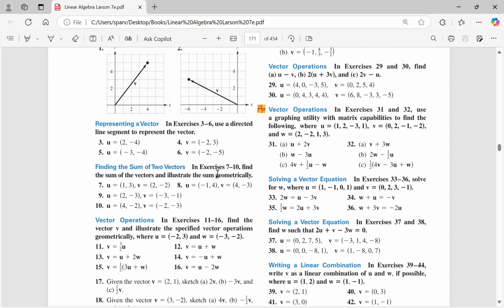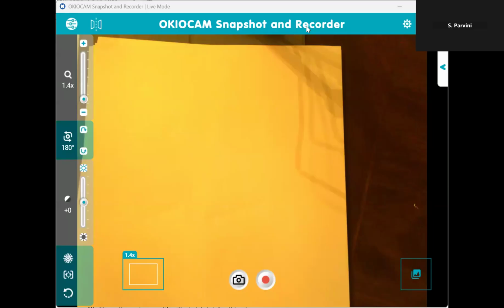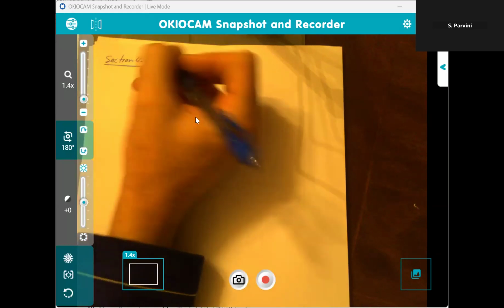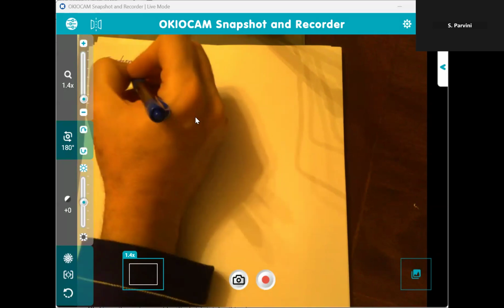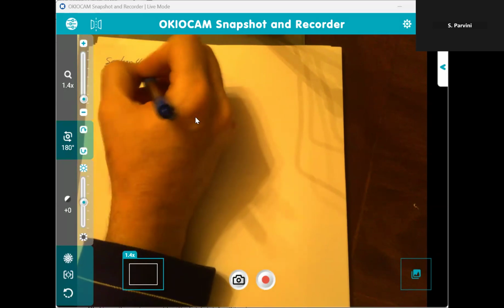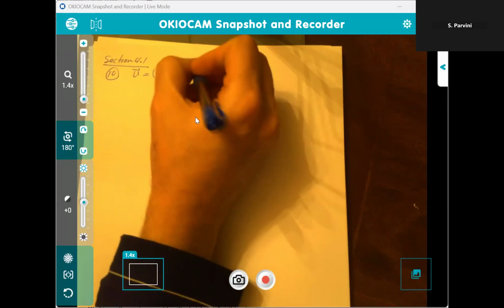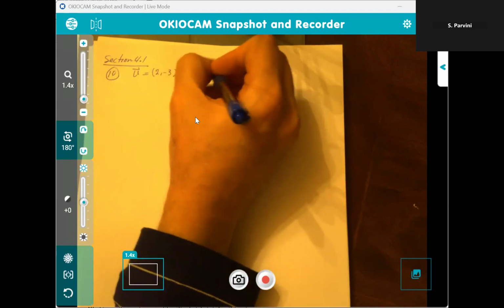I'm going to copy these so I show you the work I do on paper. Let me change my share. Here we go. So this is again section 4.1, and we're going to look at exercise number 10. We have a vector u in R2, and the components are 2, -3, and the other vector, vector V, its components are -3, -1.